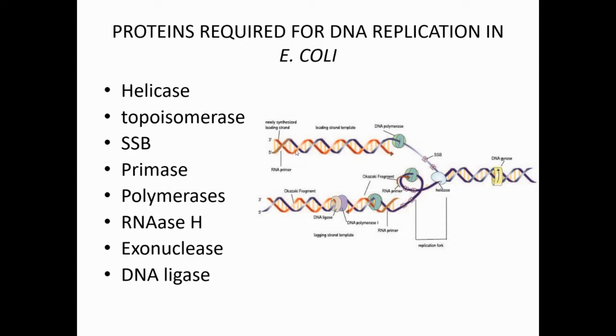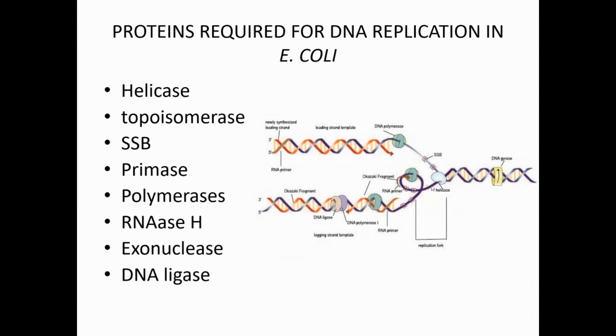That's RNA, so that DNA polymerase will continue to synthesize the DNA. For the lagging strand, each Okazaki fragment will require one primer. So one Okazaki, one primer, two Okazaki, two primers, and then the DNA polymerase. For bacteria, we call it DNA polymerase 3. They will synthesize the new DNA.